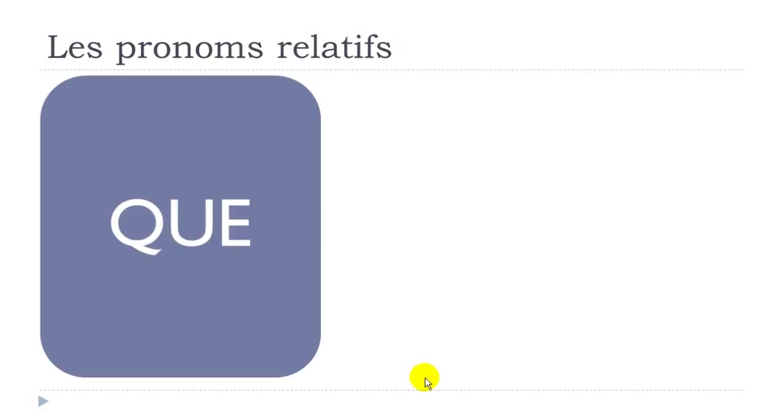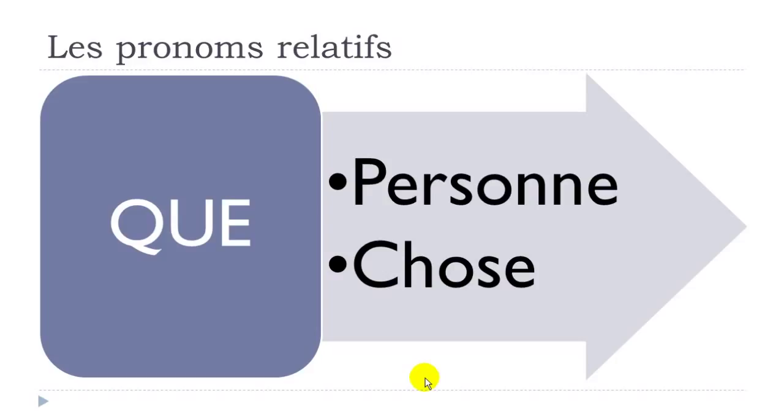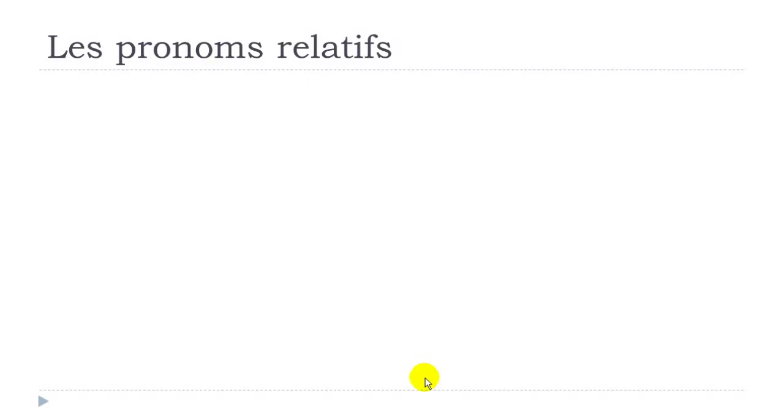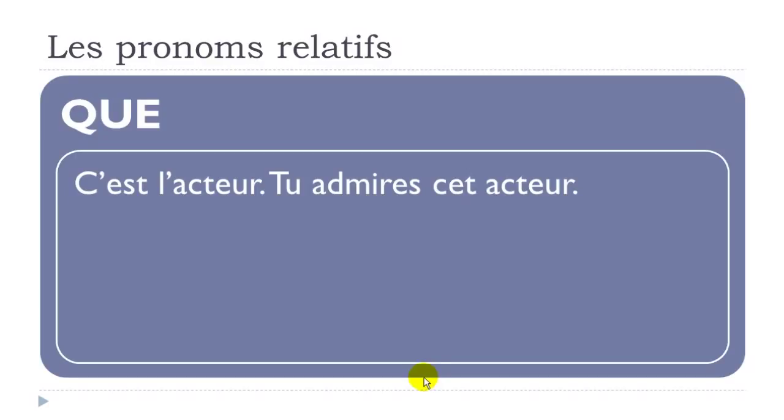Okay, and then the same thing will work first with the person, so example with persons, and then choses, things, and then let's start now. So que, c'est l'acteur, tu admires cet acteur.